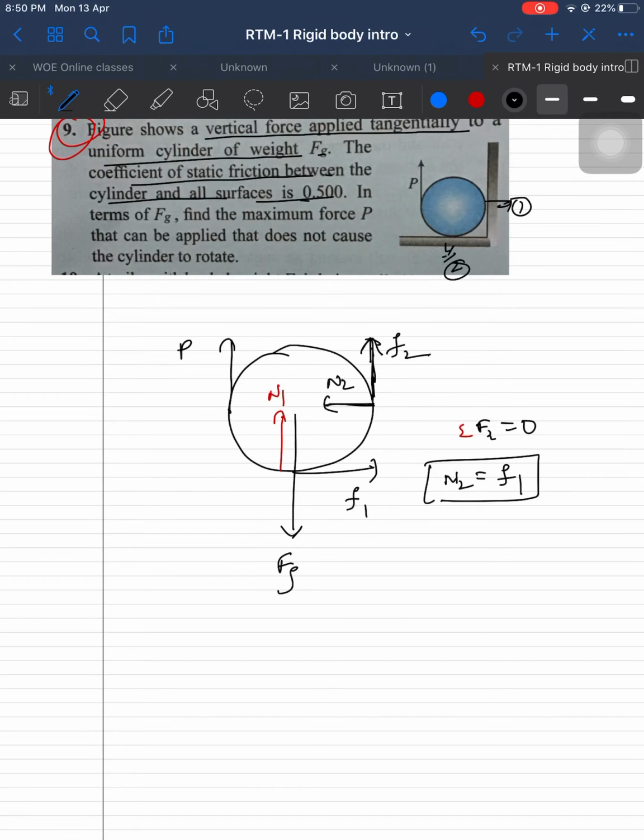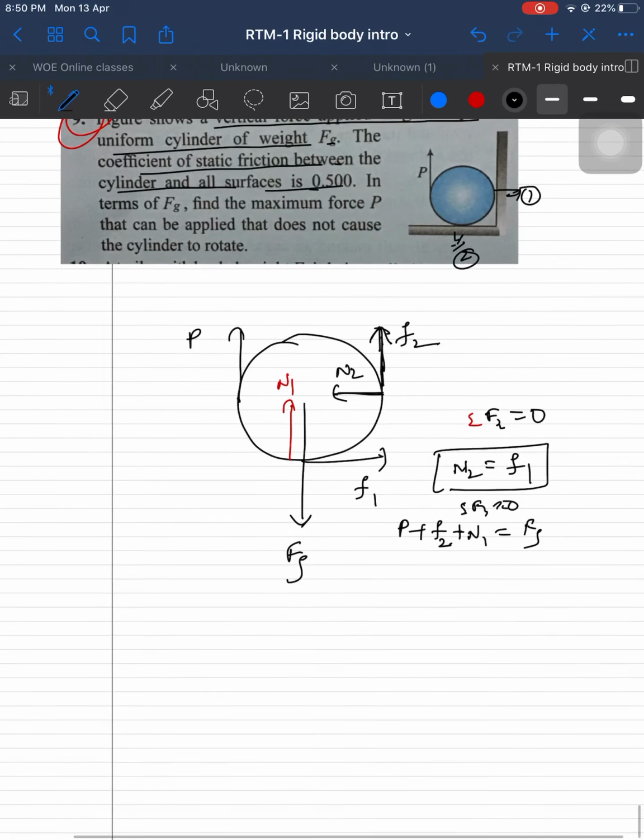Okay, N2 is equal to F1, and for the upward forces, net Fy is equal to 0. P plus F2 plus N1 is equal to Fg.